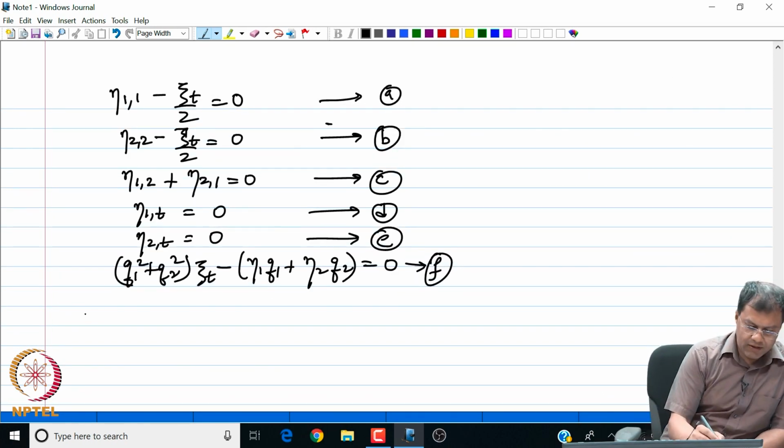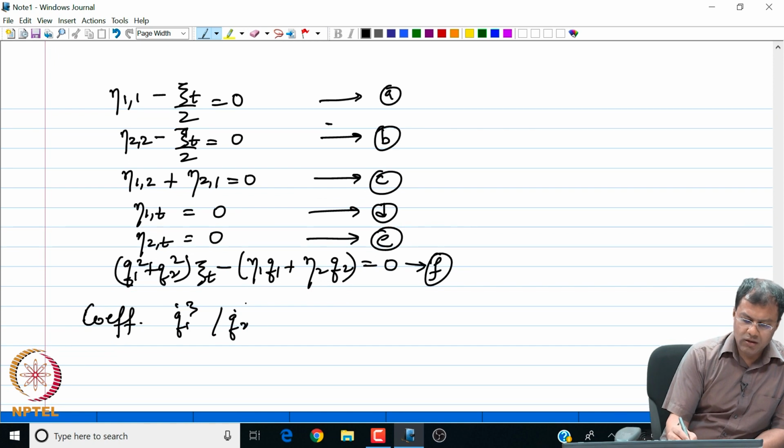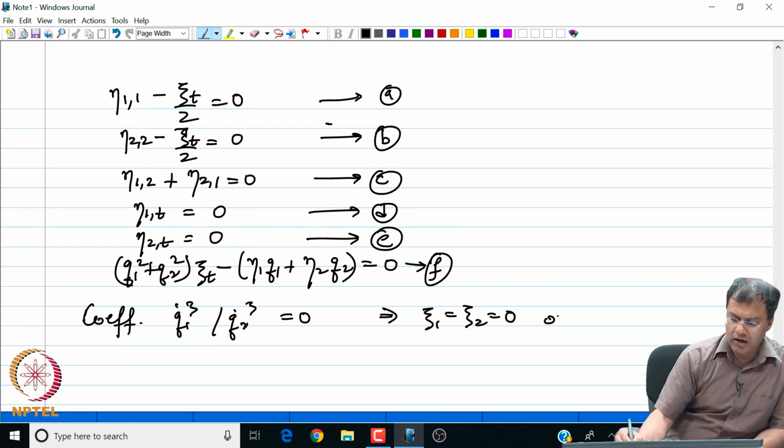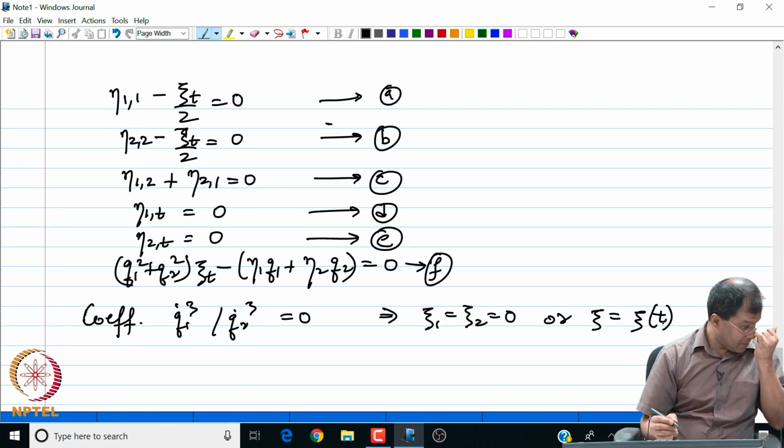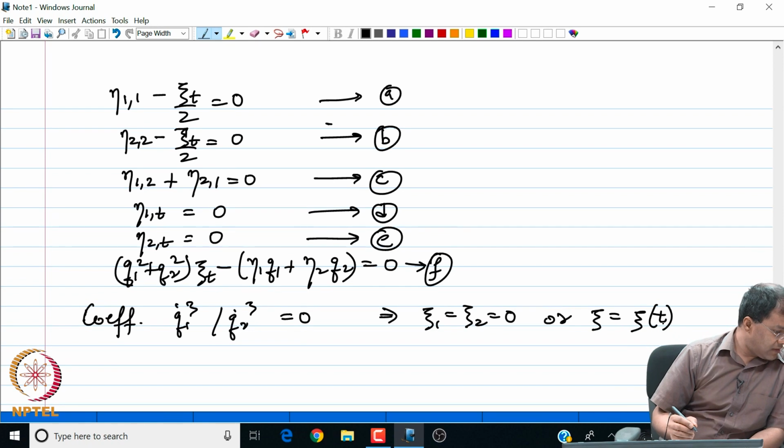So, from A we see that coefficients of q1 dot cube and q2 dot cube are 0, or what I get is xi 1 and xi 2 are 0, or I get that xi is purely a function of t, right. So it is purely a function of t.